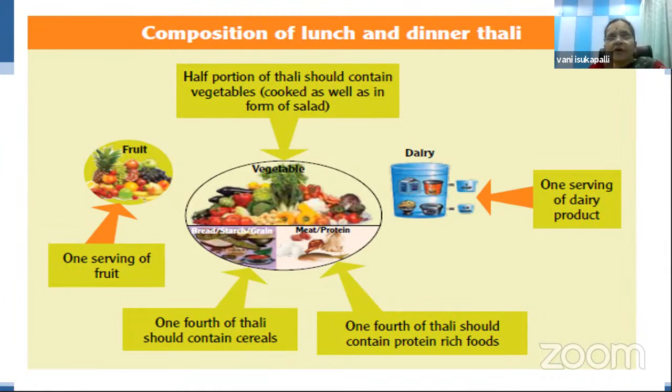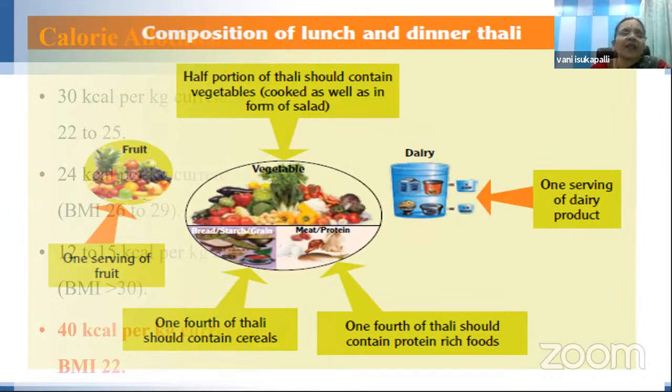So here 50% of the thali should be having vegetables cooked or in the form of salad, 25% containing cereals, 25% containing protein, along with 1 serving of curd or a dairy product and 1 serving of fruit. So this is easily understood by every antenatal mother. These sorts of charts can be put up in the clinic for the woman to understand better.